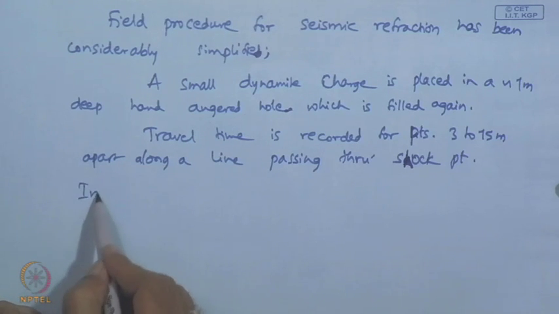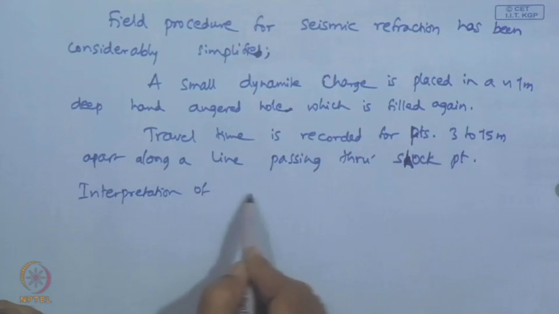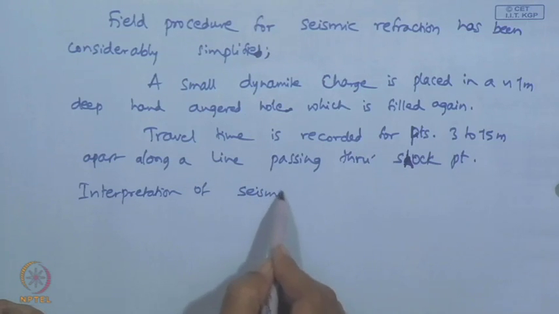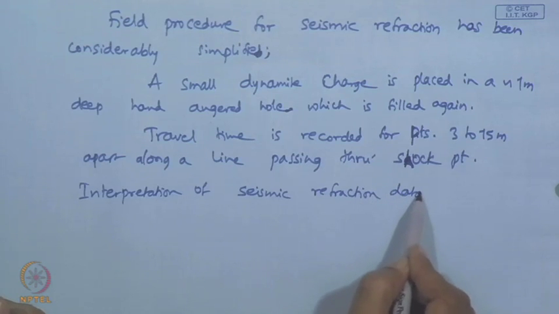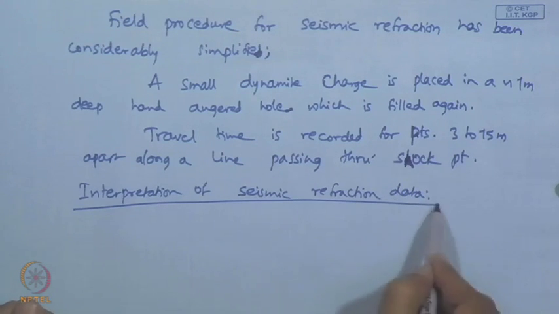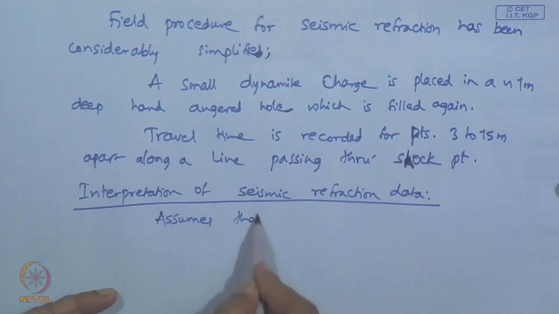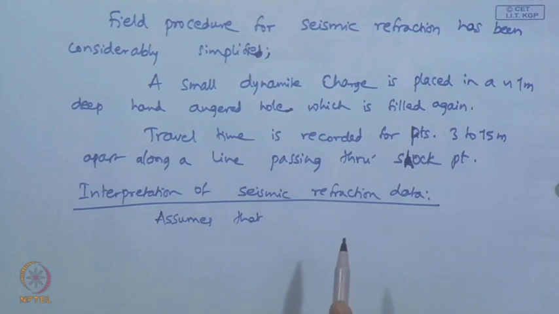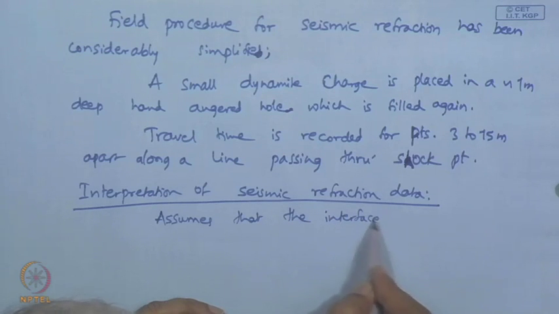Now let us discuss the interpretation of the data. This interpretation assumes that the interface is a plane.